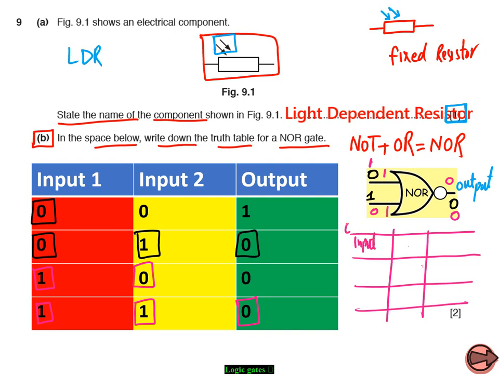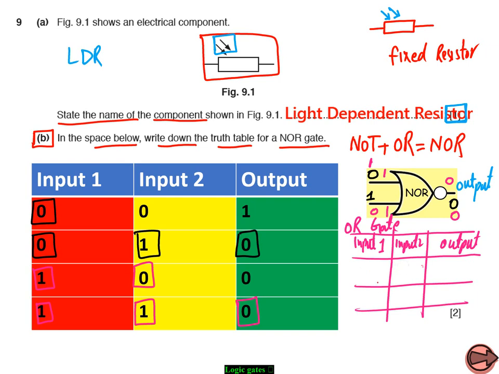I'm explaining the OR gate only. If you are not clear, you can understand better from here. Let me write down this one again to give you a better comparison.